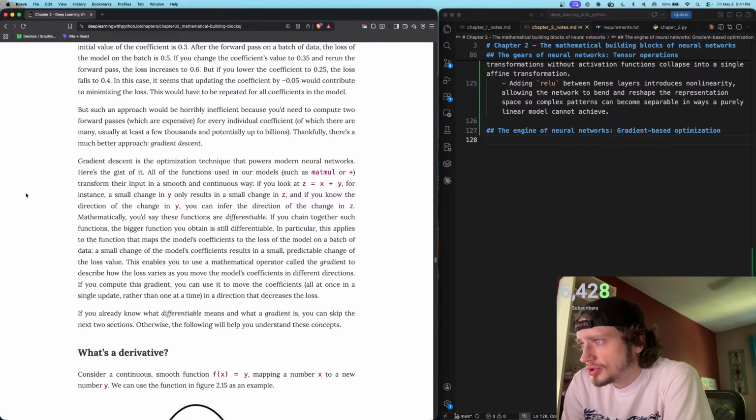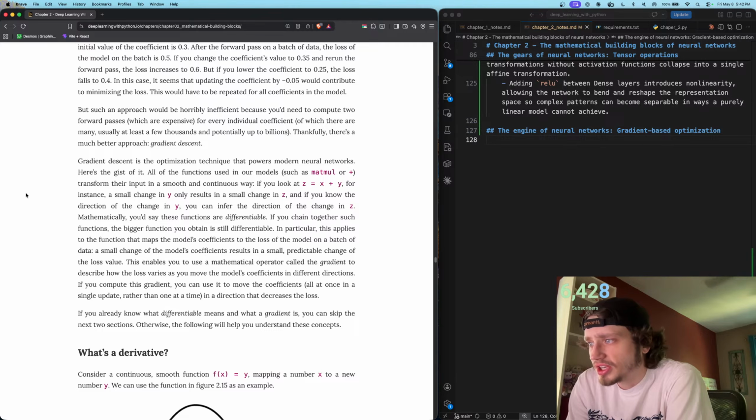This enables you to use a mathematical operator called the gradient to describe how the loss varies as you move the model's coefficients in different directions. If you compute this gradient, you can use it to move the coefficients all at once in a single update rather than one at a time, in a direction that decreases the loss.